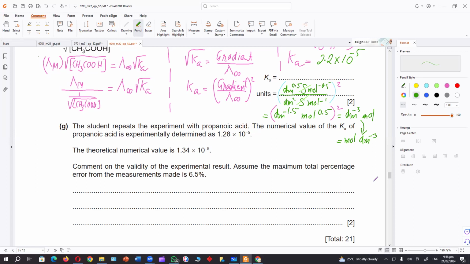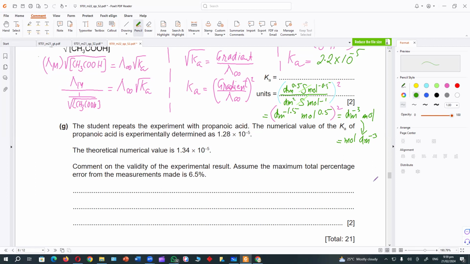Comment on the validity of the experimental result. Assume the maximum total percentage error from the measurement made is 6.5%. So we have a theoretical value, we have an experimental value. So should we just subtract it? I mean, the validity of the experimental result isn't that.